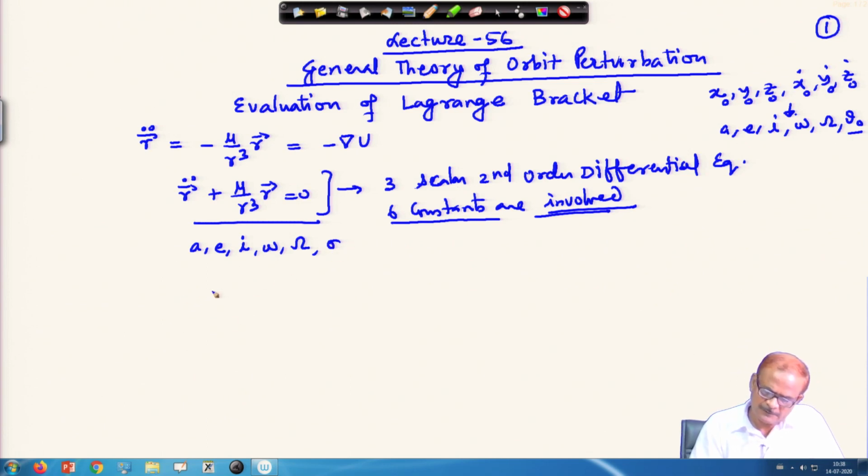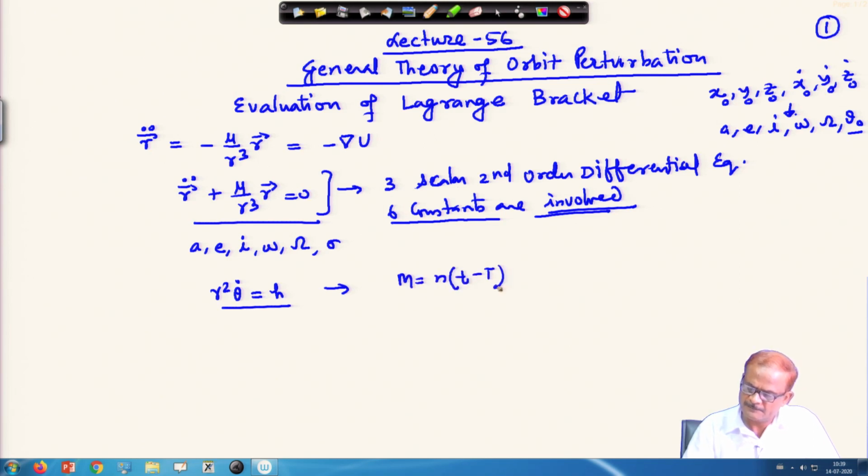If you look at the Euler equation, we have Kepler's equation. We solved this equation, and while integrating we got it in the form M equal to n t minus t, equal to E minus e sin E, where E is the eccentric anomaly and M is the mean anomaly.